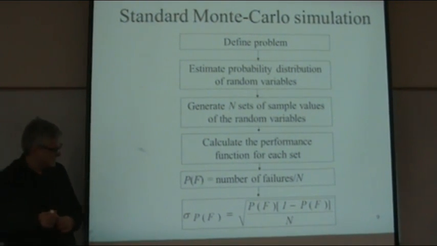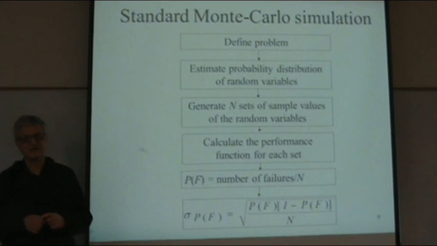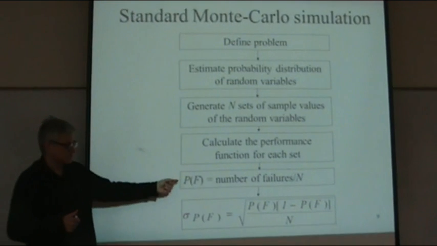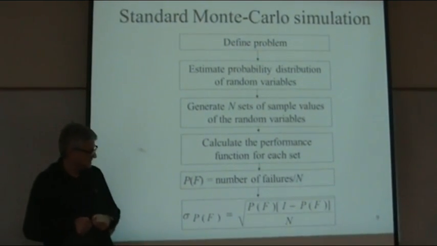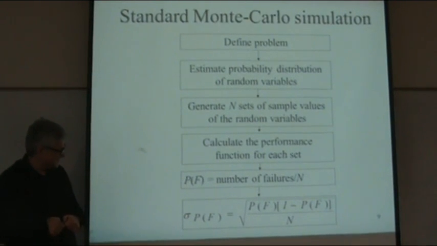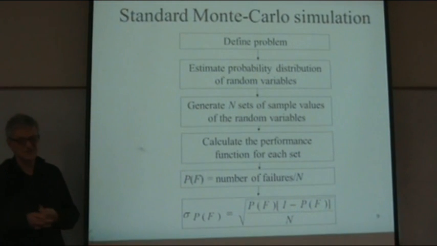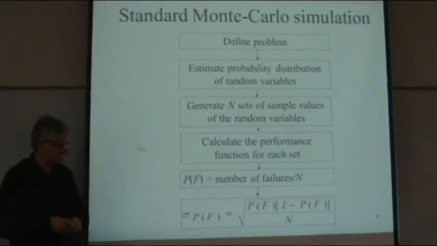And then, based on the standard deviation, you will decide if it is accurate. Okay? If the standard deviation is 50% of the probability of failure, that's not good. You have to do more replications. It has to be something like 5% to 10% of the probability of failure.